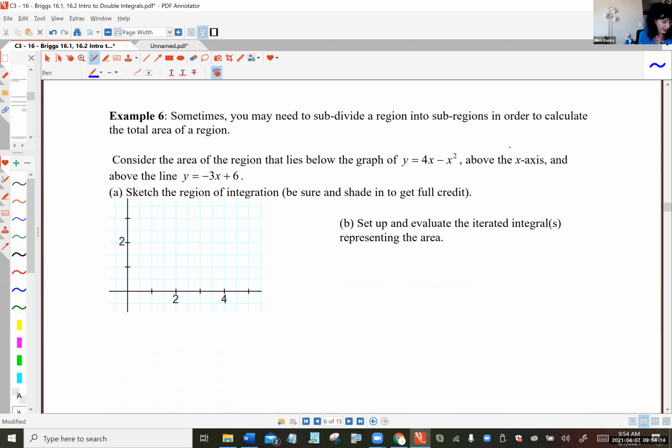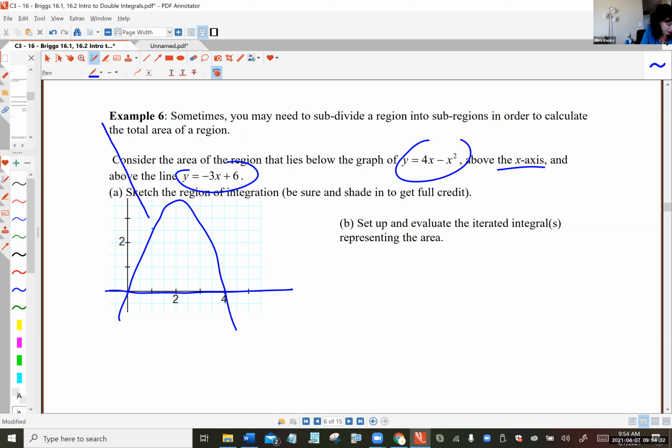Okay, so if you graph 4x minus x squared, ooh, that looks something like that, a downward facing parabola above the x-axis. So there's part of it. And then if you graph y equals negative 3x plus 6, that's going to look something like that. Oh dear.